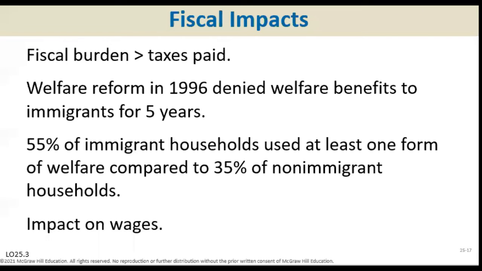But evidence suggests that immigration reduces the wages of native-born workers who have little education and less skill. It may also reduce the salary of some highly trained native-born workers.